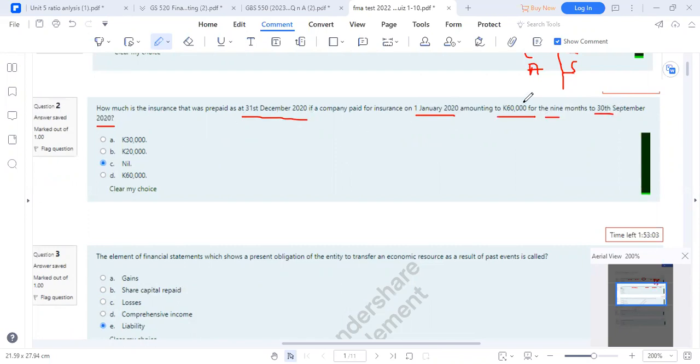So the money doesn't even reach the month end of December. So in fact, we are owing, all right? We have an accrual. So this amount is only running to September. So do we have a prepayment? No, there's no prepayment at all.